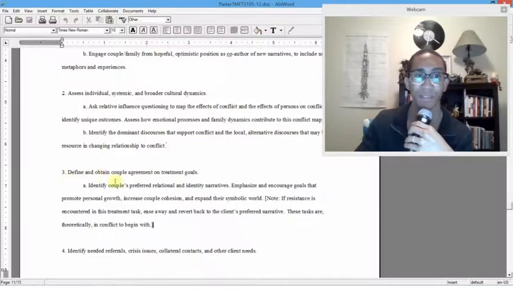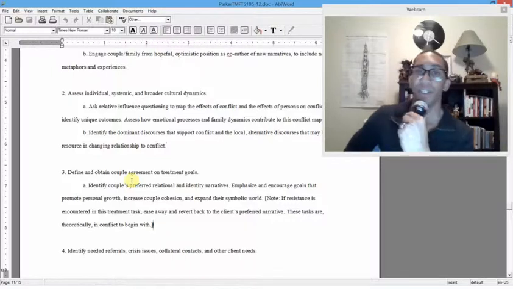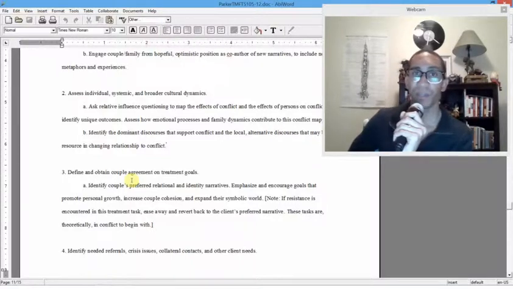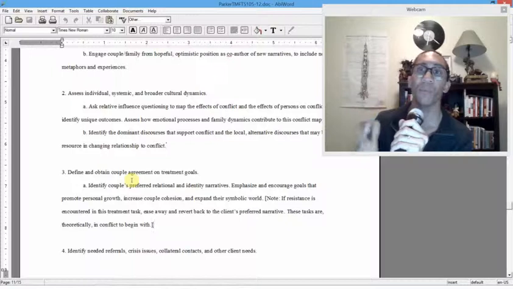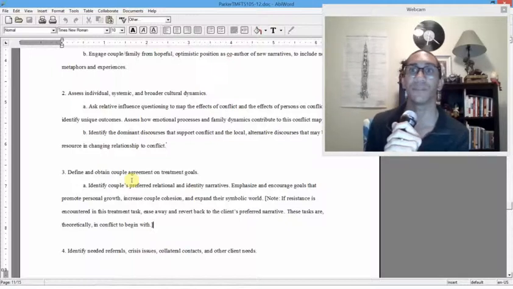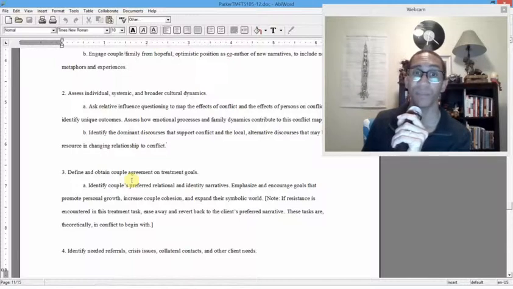The tasks are theoretically in conflict to begin with. So again, with the metaphoric and symbolic ways of being, of living, of seeing, your job, or my job as a prospective therapist, would be to help them find more workable symbol systems, to not see the other person as a devil that they have to avoid, but to see the other person as more of a human being, defined in more realistic terms, that doesn't demonize or make the problem look bigger than they can overcome.